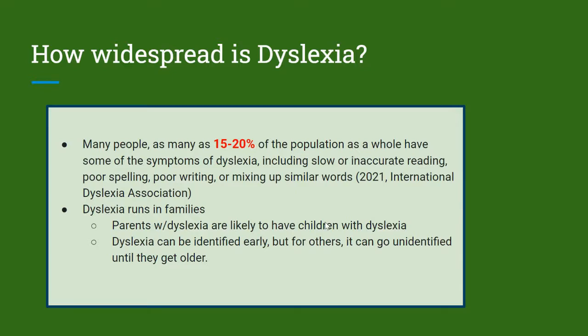It can be identified as early as preschool, and even when young kids just start learning how to talk and they have delayed speech, those are also symptoms. So it can be identified early, especially if those symptoms are profound. But for other students that may have milder markers of dyslexia, it can go unidentified until they get older.